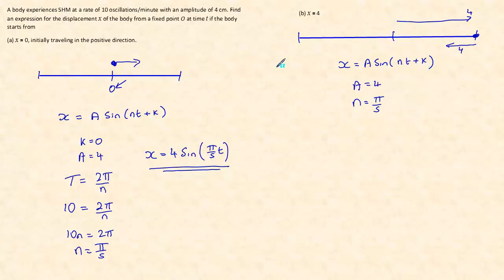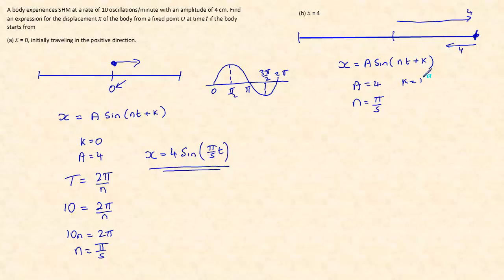Now remember, one oscillation for a sine, that's a sine without an n here, is going to go from 0, this is pi, this is 2 pi, so pi by 2 and 3 pi by 2. So when t is 0, we need the k here to be pi by 2, so that we're out here. Sine of pi by 2 is 1.